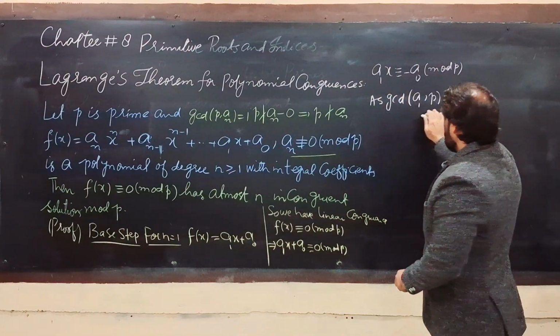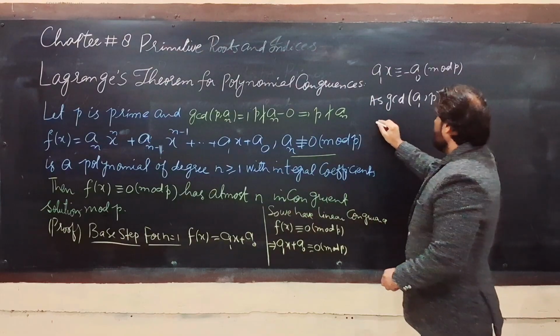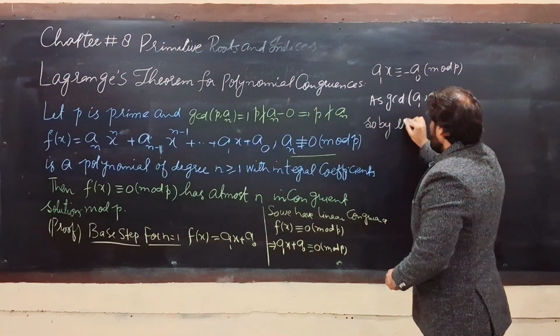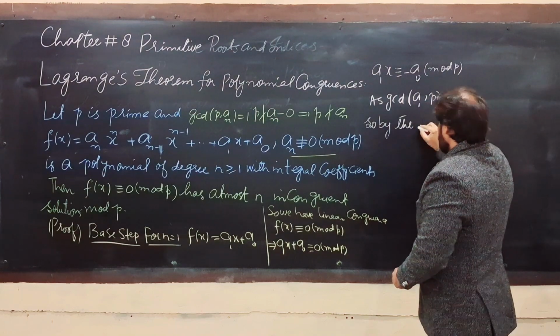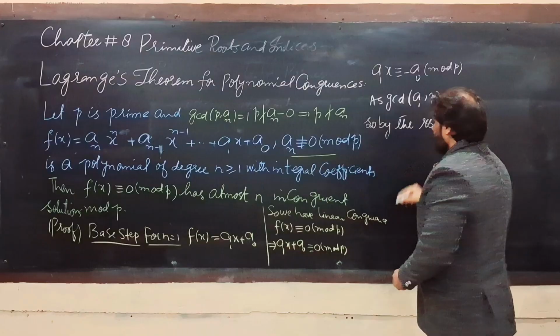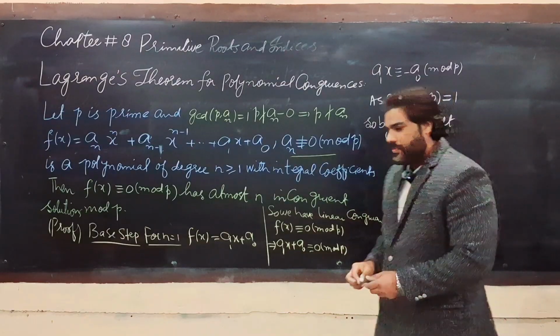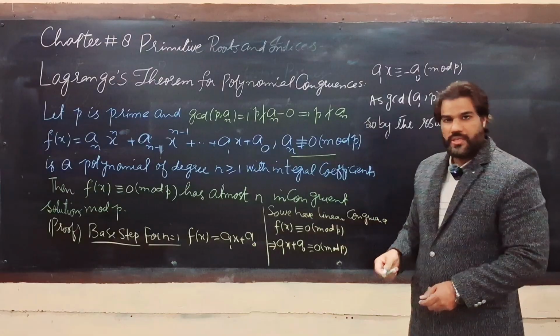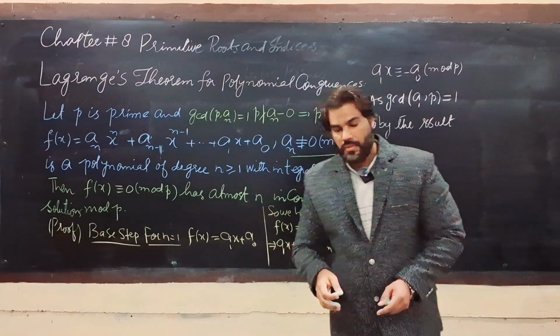As GCD of a_1 and p is equal to 1, by the result that can be stated as, you will write here, this result I have discussed in my previous lecture in the chapter on congruences.